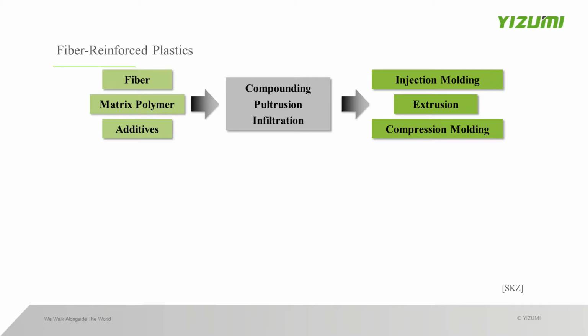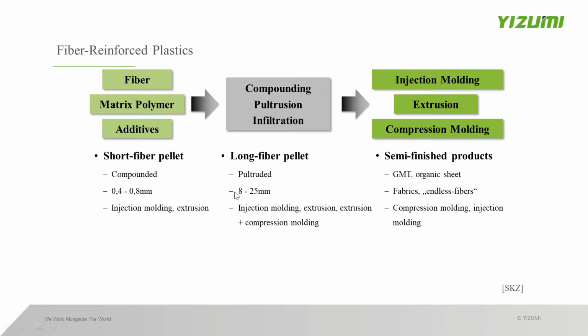We need to use an injection molding machine. We use an extruder machine. We use a compression molding machine. So during the middle process, like compounding, we can get some pellets, like short fiber pellets. What differentiates the three types of pellets or products is the fiber length.